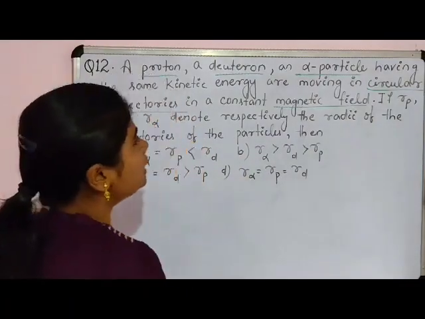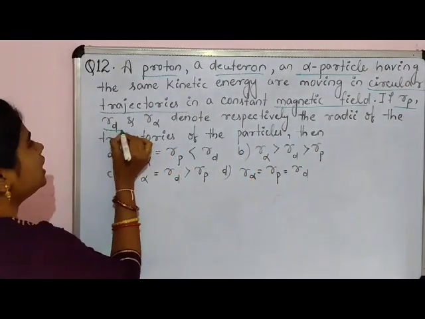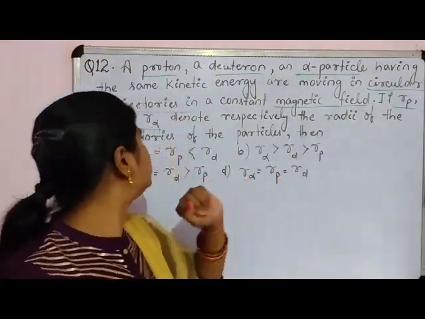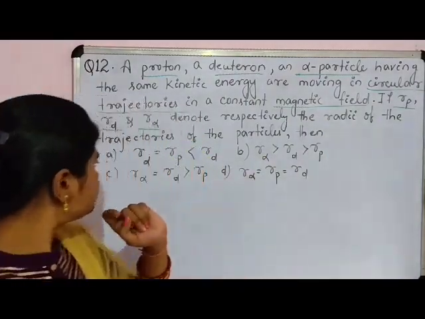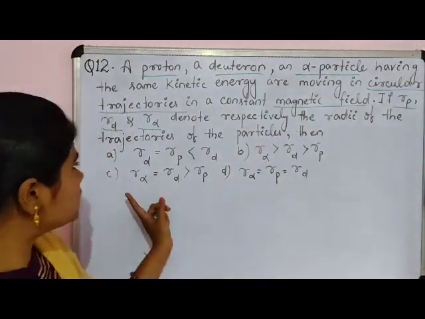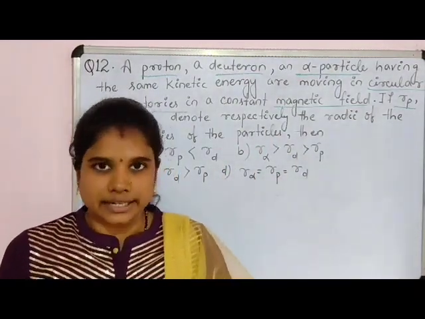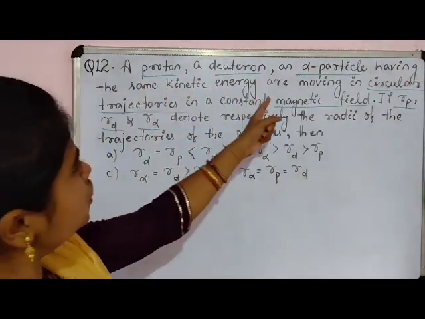Okay, clear? If Rp, Rd and R alpha denote respectively the radii of the trajectories of the particles, then there are four options asking what is the relationship between the three radii. Okay, so for that, just consider the first point everyone.